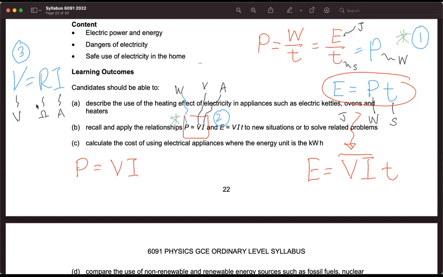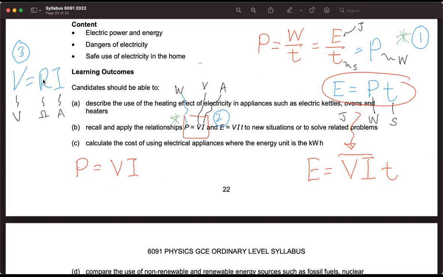Sometimes they don't give you the V or the I. Sometimes they just give you something else, like R and I, or V and R. Then how? Are you able to calculate the power if they don't give you V and I, but they give you the R? So for example, look at Formula 3.